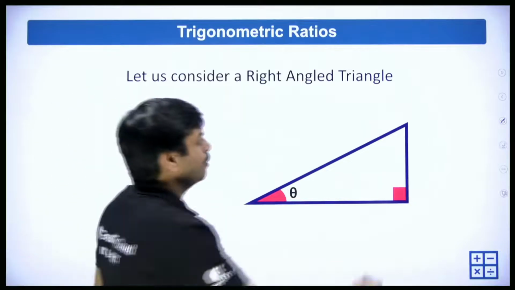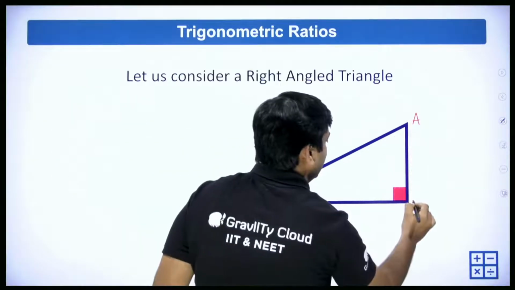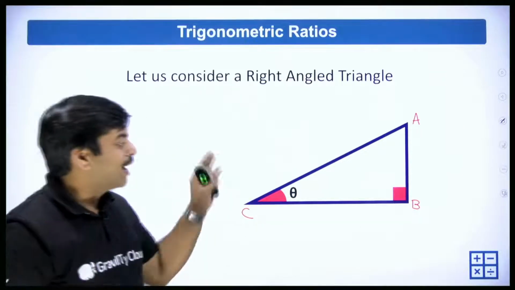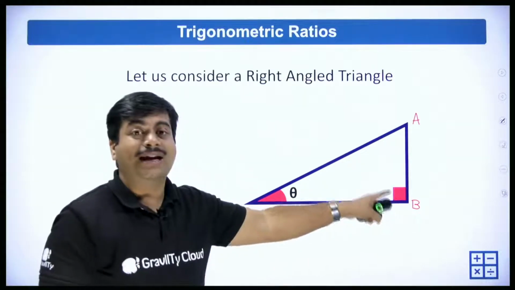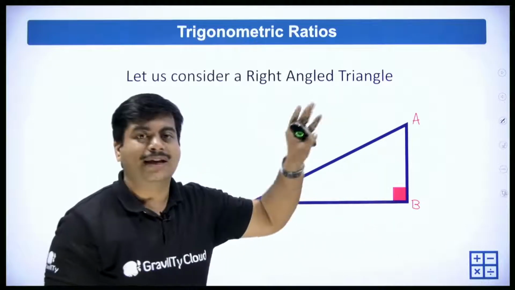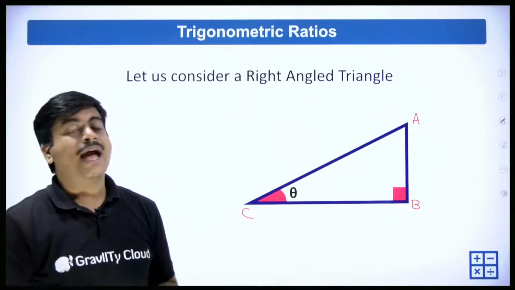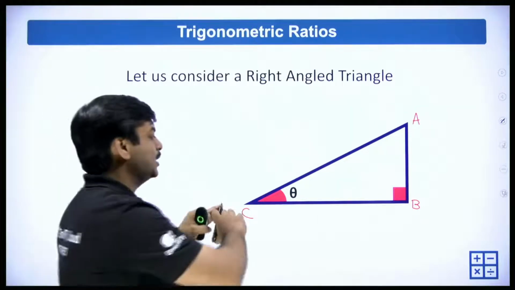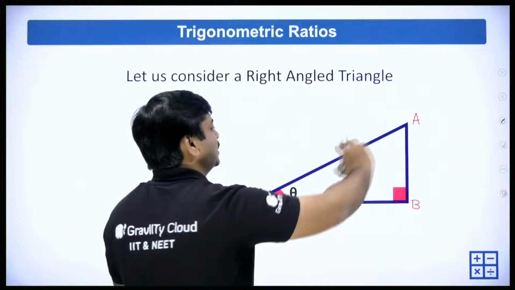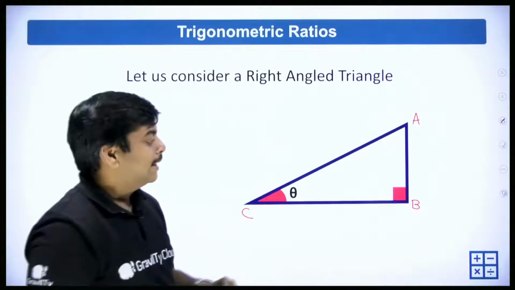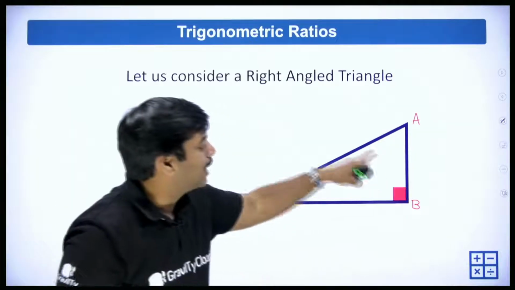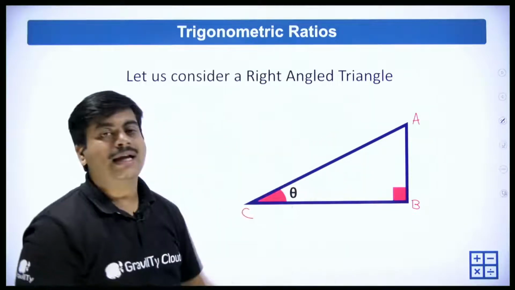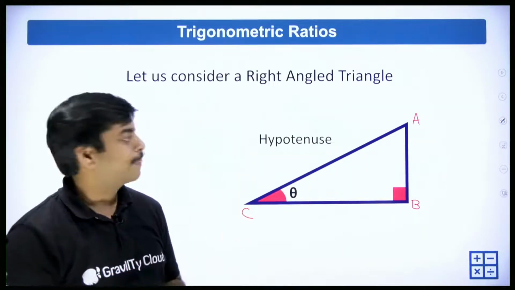Let us name it: if you name this as A, B, C, this triangle is right angled at B. And you know, always in a triangle, the largest side, the side which is opposite to the right angle, is called the hypotenuse.